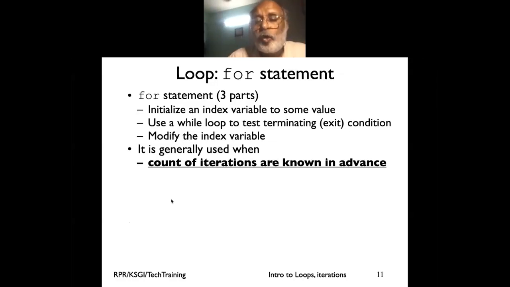If you know the total number of iterations in advance, then you should use a for loop. If you don't know the total number of iterations, then you should use a while loop: put in a condition and change the variable value.